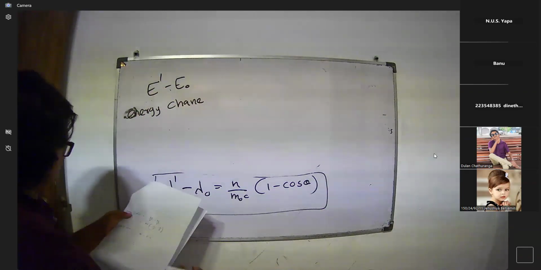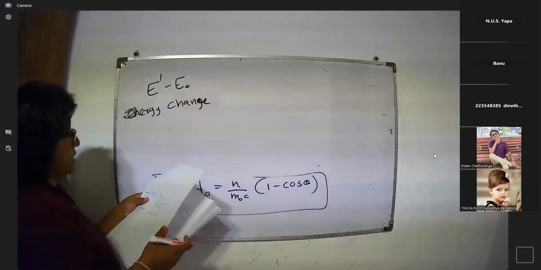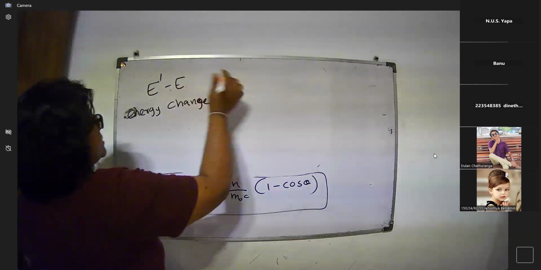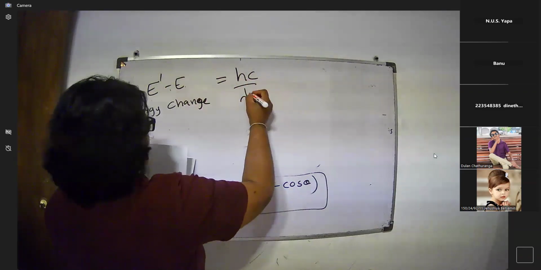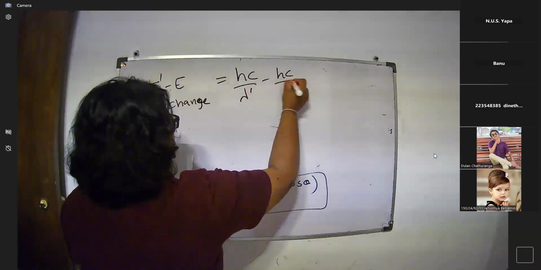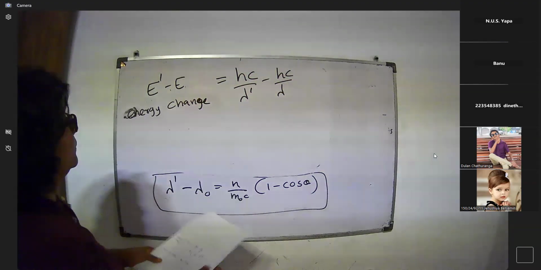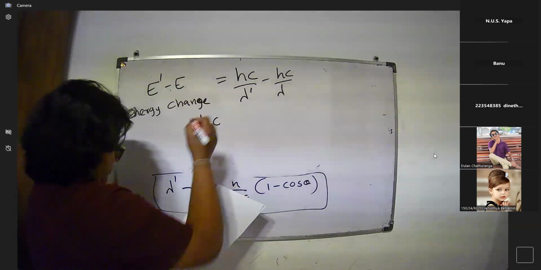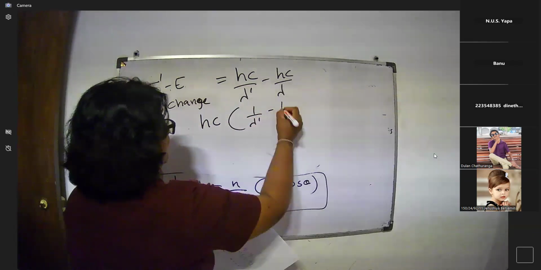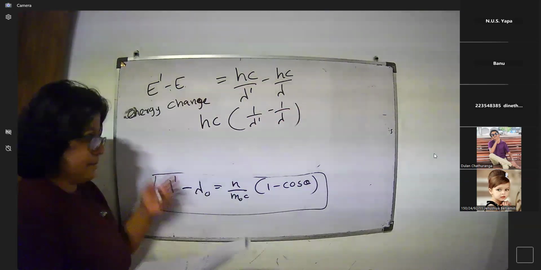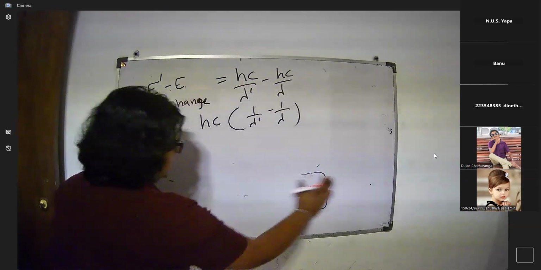The energy change can be written as E dash minus E. Then E dash is h c over lambda dash minus h c over lambda. And h c can be taken out of the bracket: 1 over lambda dash minus 1 over lambda. Then you can substitute this equation, delta E, the energy change.